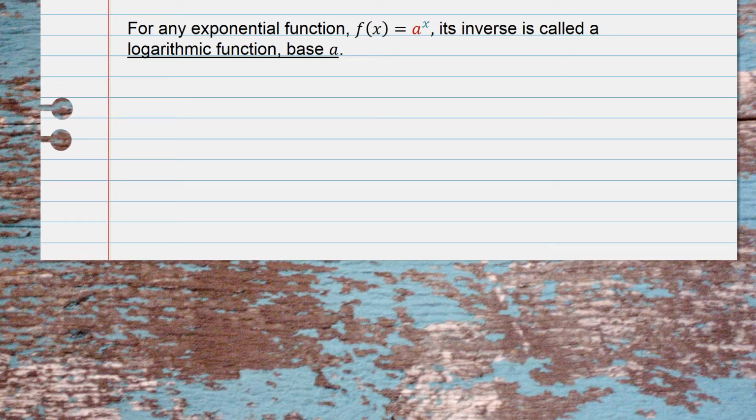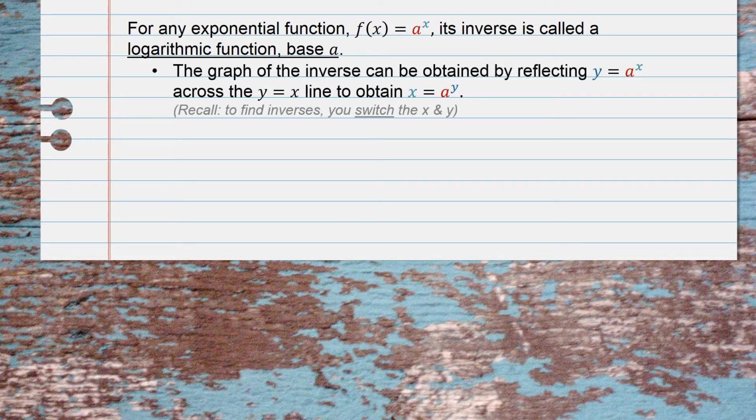For any exponential function f of x equals a to the x, its inverse is called a logarithmic function base a. The graph of the inverse can be obtained by reflecting y equals a to the x across the y equals x line to obtain x equals a to the y. Remember, to find inverses, you simply switch the x and the y.